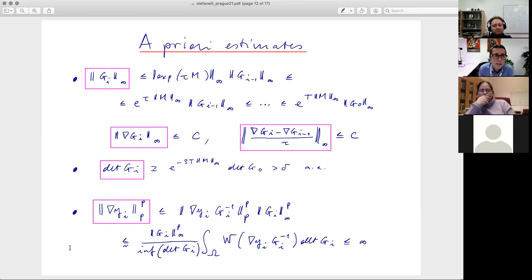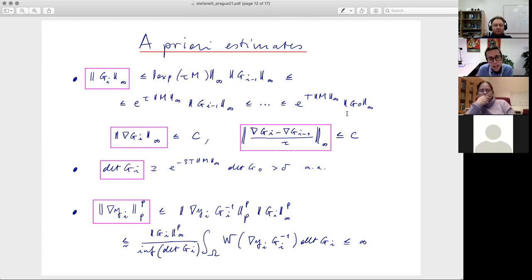So you go for the infinity norm, you split norms, and you control the norm of the exponential matrix with the exponential of the norm of the matrix, and this you iterate over time steps to come to the initial step. So you see the infinity norm is bounded, infinity in space, and if you apply a gradient to this argument, it's going to be slightly longer, but you will again get a uniform bound in i.